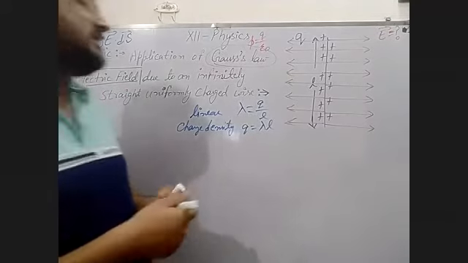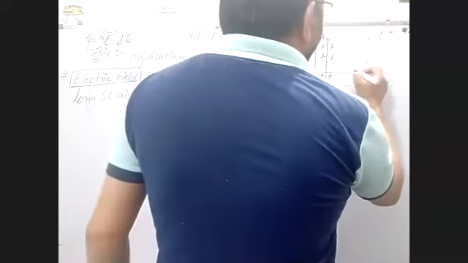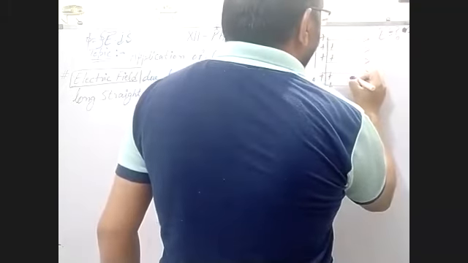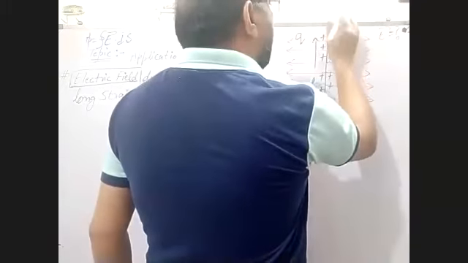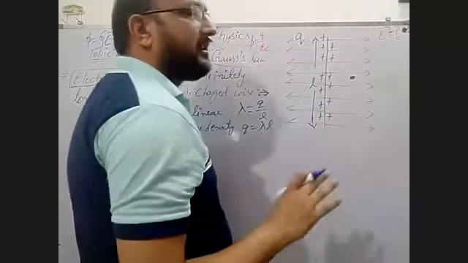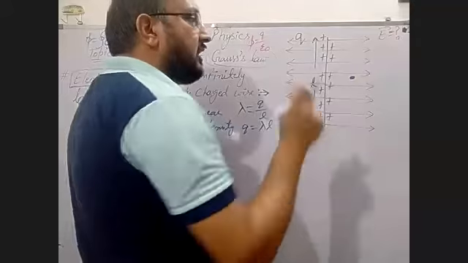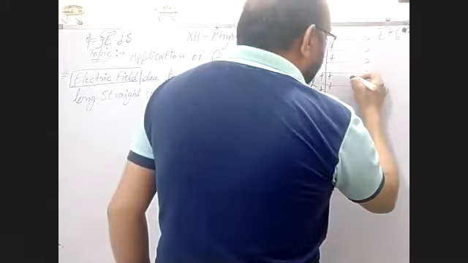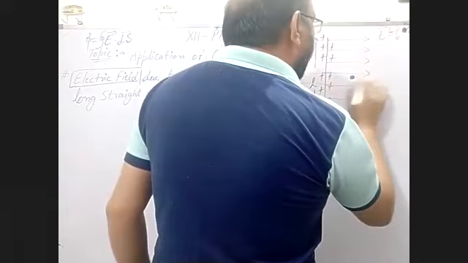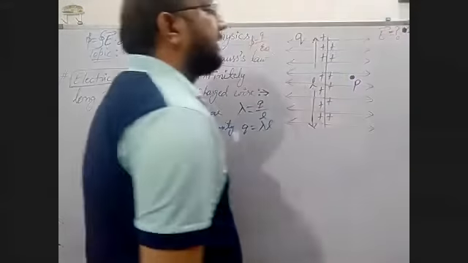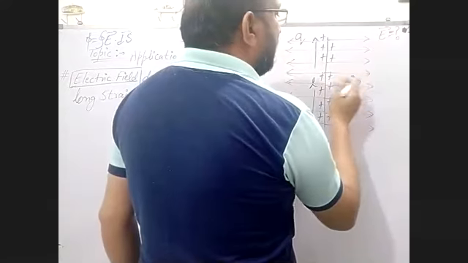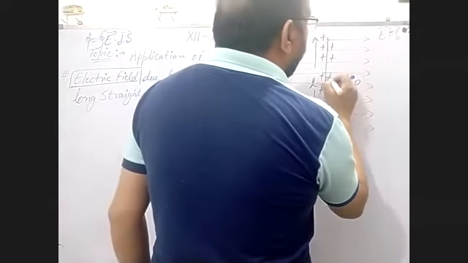Now let us consider one point, and let us call this point P. You can take this point in this position or anywhere, but we are taking this point here, at a distance R from the wire, on this side.